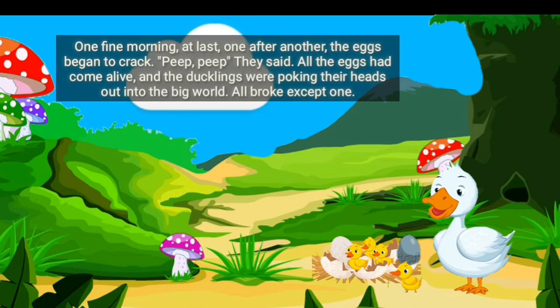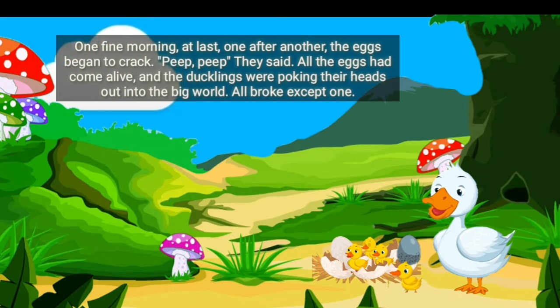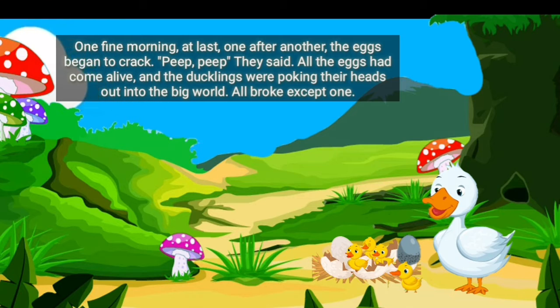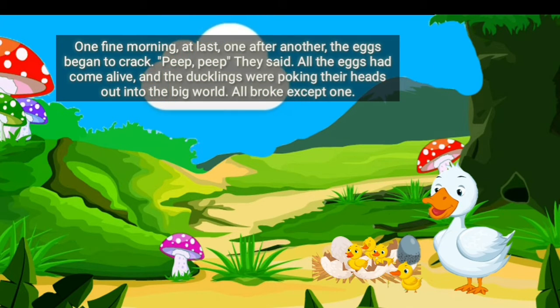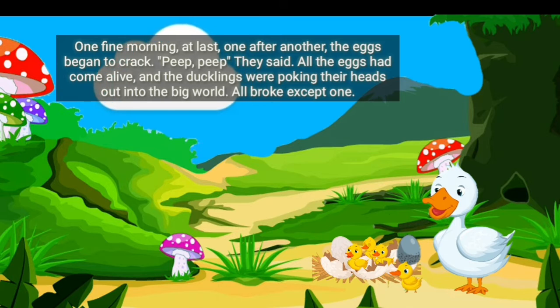One fine morning, at last, one after another, the eggs began to crack. Peep, peep, they said. All the eggs had come alive, and the ducklings were poking their heads out into the big world. All broke except one.